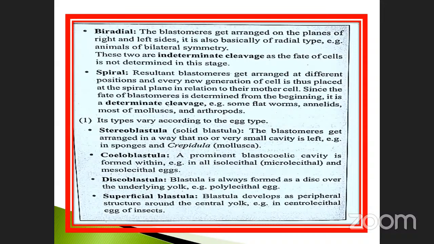Example: isolecithal, microlecithal and mesolecithal eggs have this type of blastula. Disc means a disc over the underlying yolk. Example: polylecithal egg. Superficial blastula develops as a peripheral structure around the central yolk. Example: the centrolecithal egg of insects.